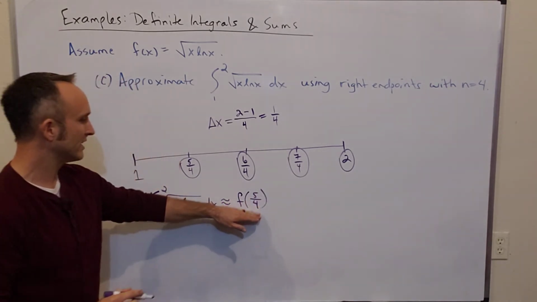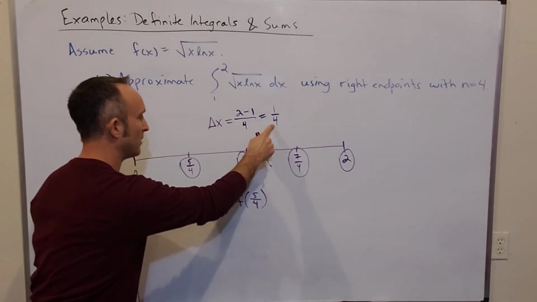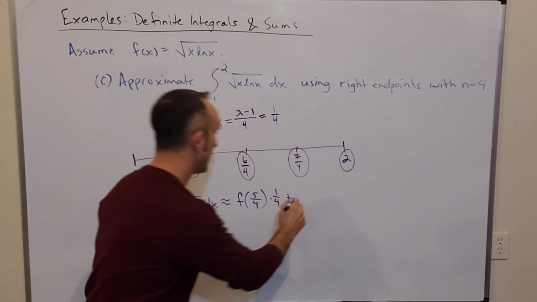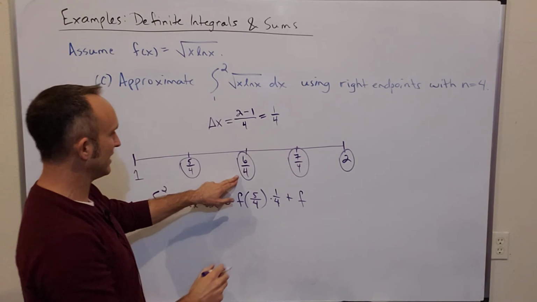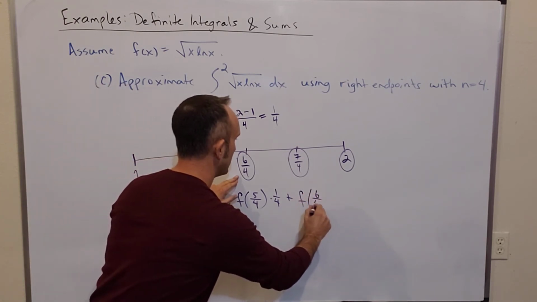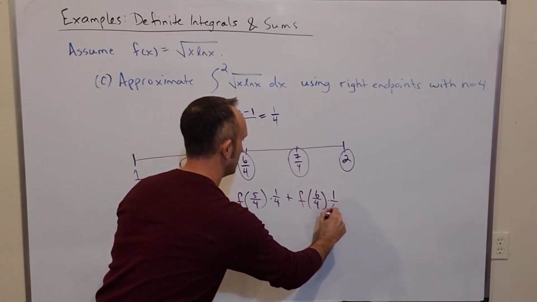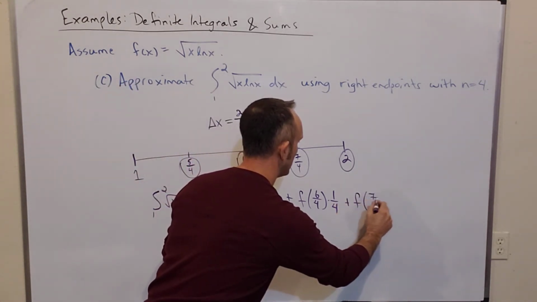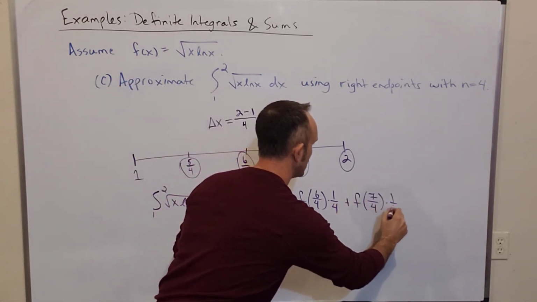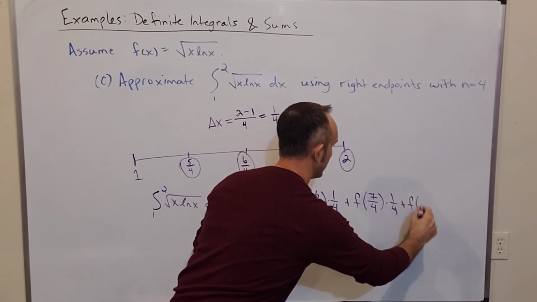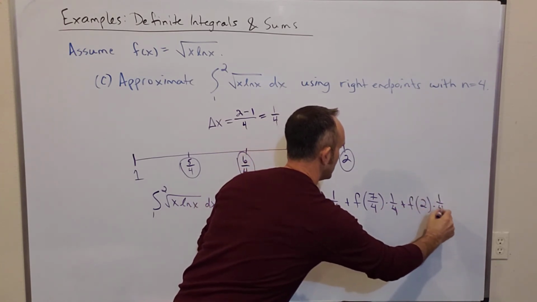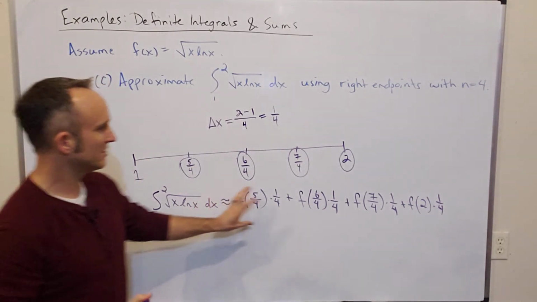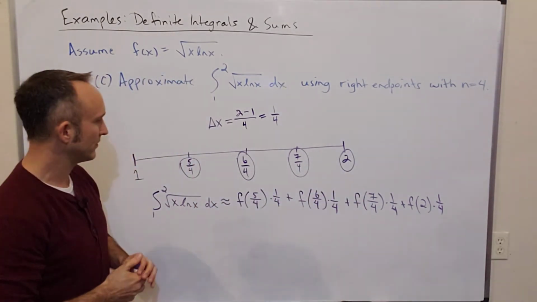That's the height of that rectangle times the width of my rectangle, which is 1/4, plus the height of my second rectangle, which is f of 6/4, times its width, which is also 1/4, plus the height of my third rectangle times its width, plus the height of my fourth rectangle times its width. And so now you can calculate this value on your calculator lots of different ways.